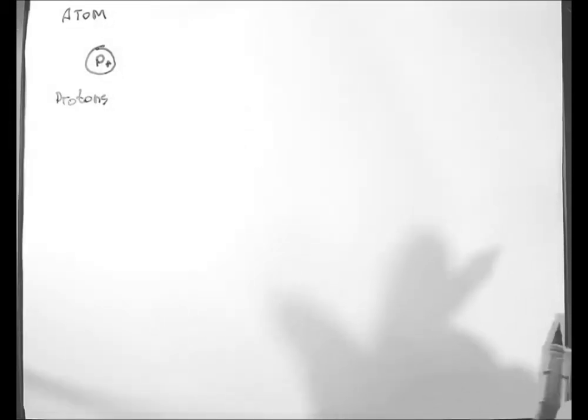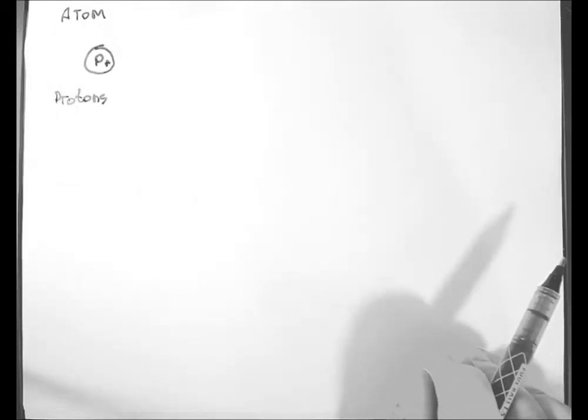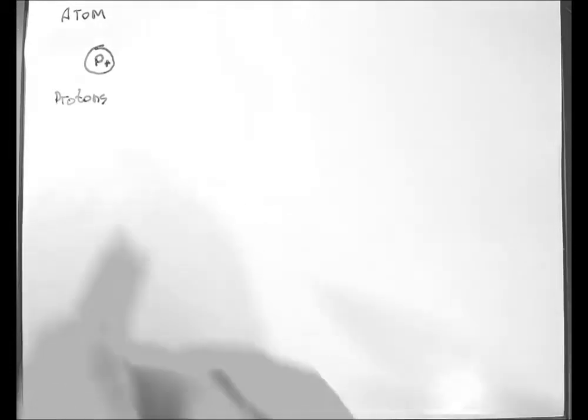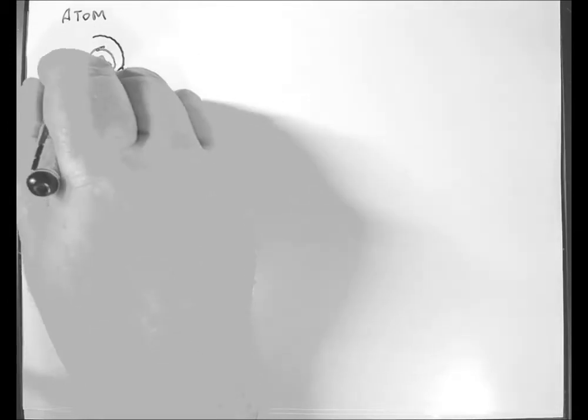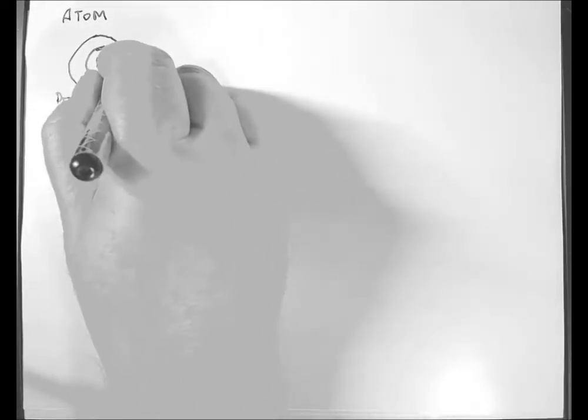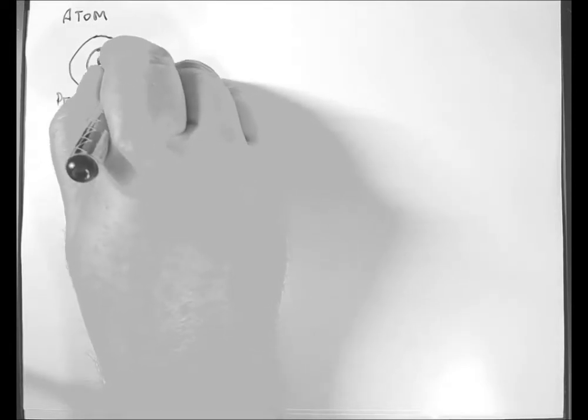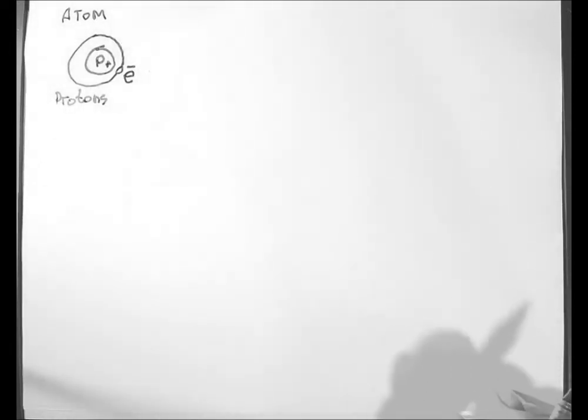But the atom is electrically neutral, so the charge of the proton must be balanced with something charged with a negative charge. And the negative charge is the cloud around the nucleus. This cloud is negatively charged, and the elements of this cloud, which actually create the charge of it, are named electrons.